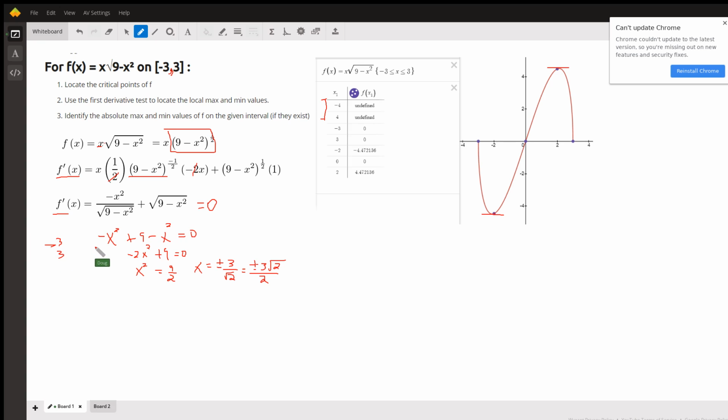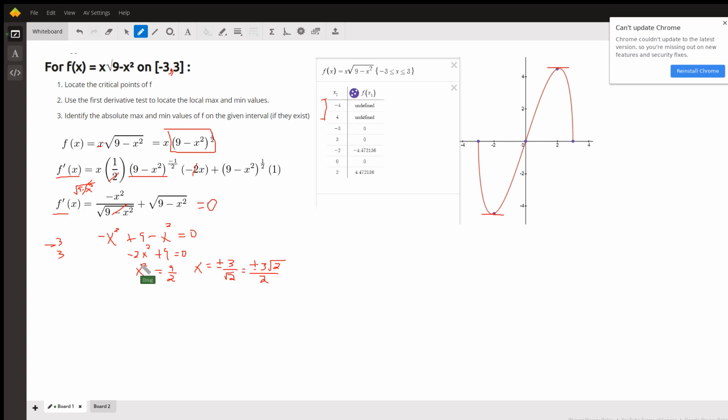And when does it equal 0? Well, if I multiply every term by the square root of 9 minus x squared, these would cancel out, and I get this minus x squared. When I take the square root of 9 minus x squared times itself, I get what's under the radical sign.